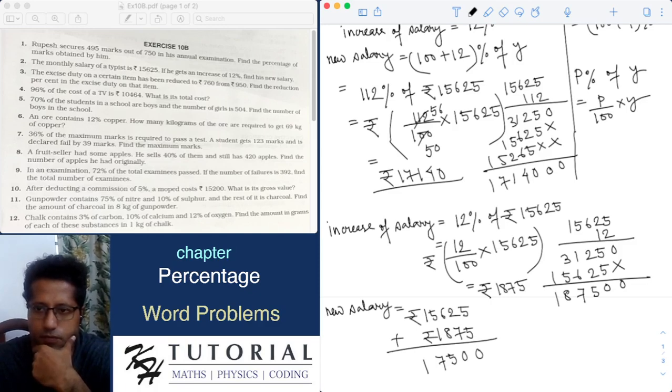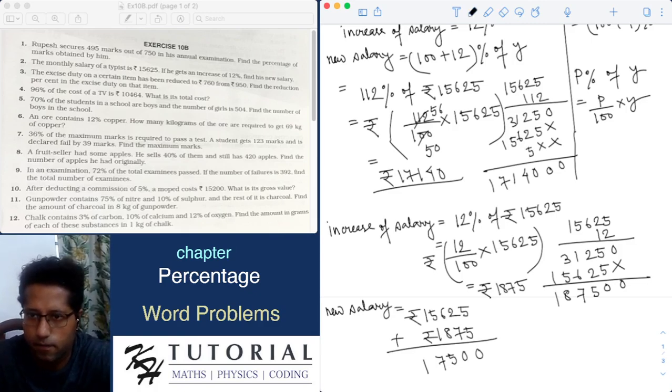15625 multiplied by 112, this is 10, 4, 5, 12, 11, 3. Okay, this is 52615. Oh, I made a mistake over here. This will be 5 2 6 5 1. Now the addition will be 0, 10, 4, 5, 10 and 8, 10.